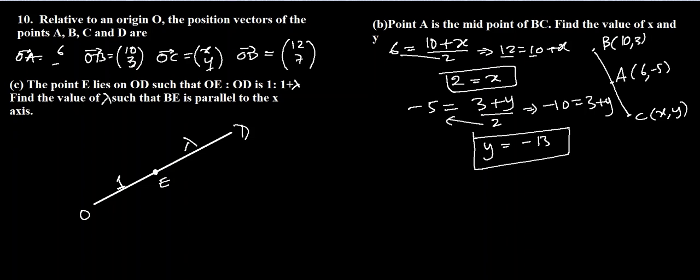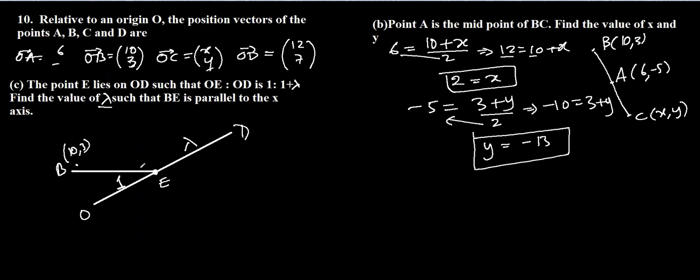Anything else? Find the value of lambda such that BE is parallel to the x-axis. So let's draw one more line, B to E. Parallel to the x-axis means it's a horizontal line, right? This is B, and the coordinates of B are 10, 3.